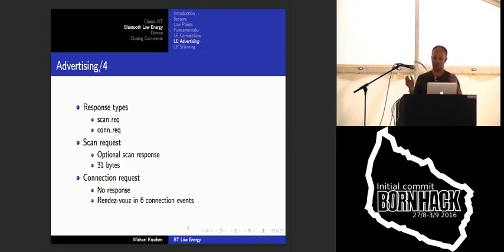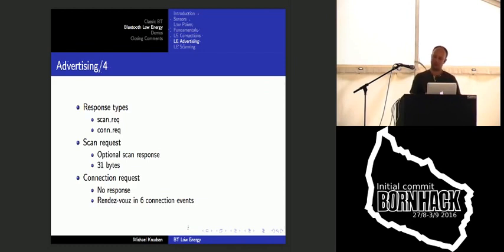For instance, you're advertising saying, I'm a thermometer, but maybe you don't want to tell everybody which thermometer you are. You only do this extra transmission in case someone comes and tells you, I would like to know more. Then you can save a bit of power by not transmitting all of it every time.